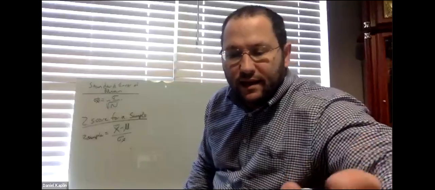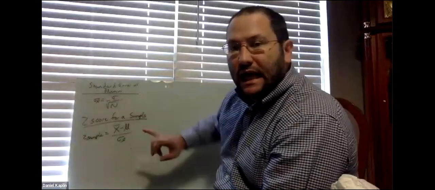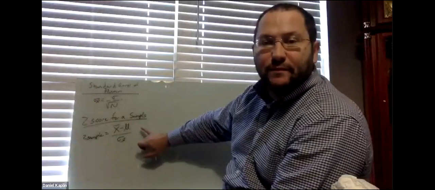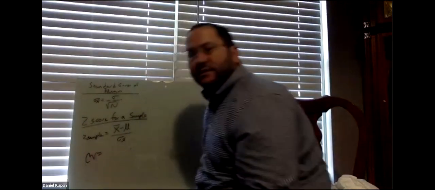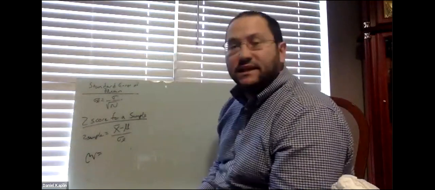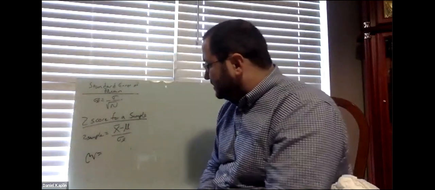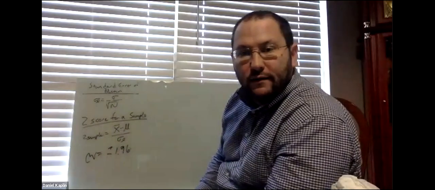Okay, so we're back again. And I left the standard error of the mean here. I left the z-score for a sample here for you to view. What I'm going to add are critical values. So a critical value was the score that needs to be met or exceeded to reject the null hypothesis. So the critical value for a two-tail is plus or minus 1.96. Right?